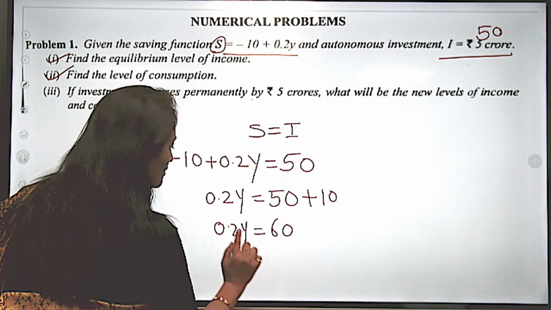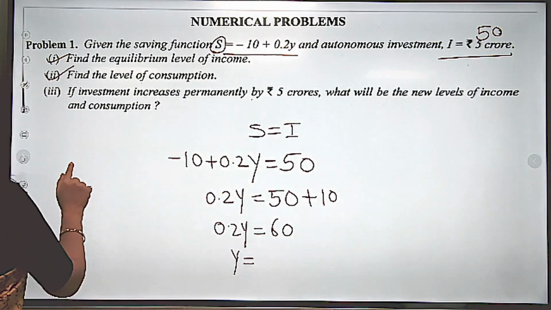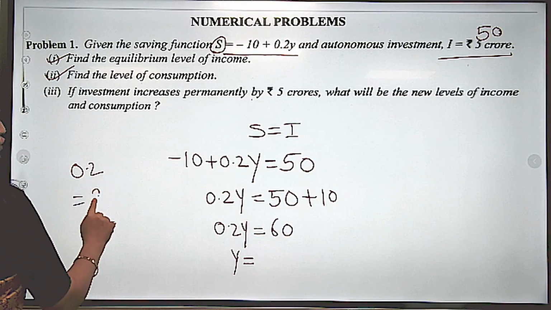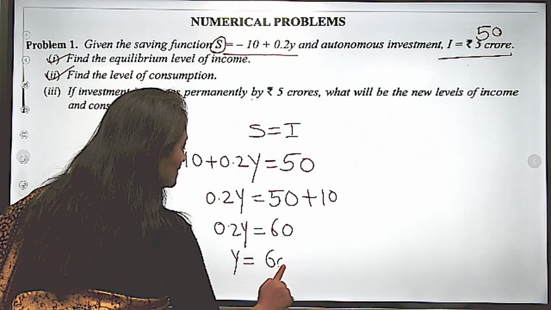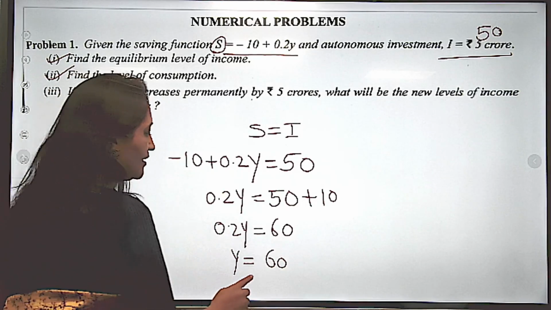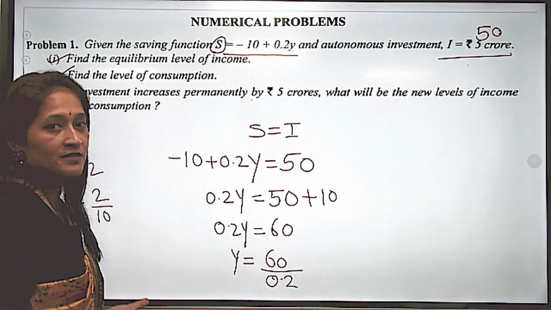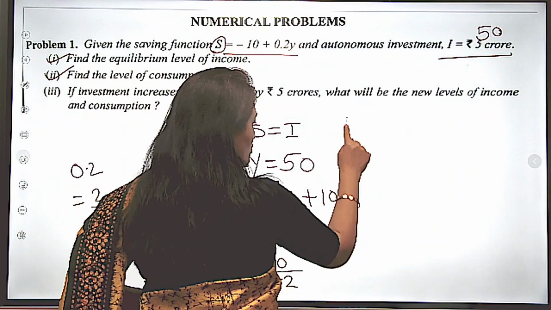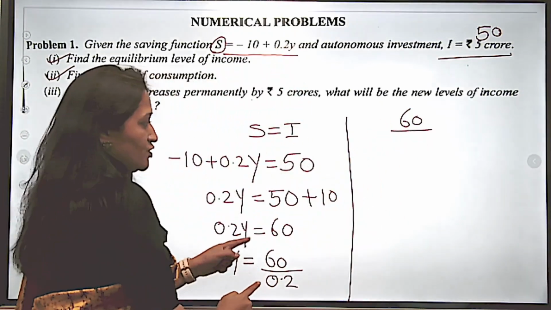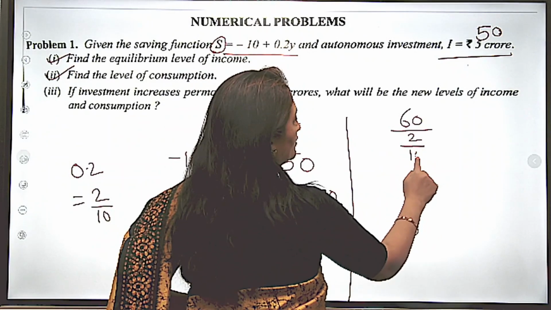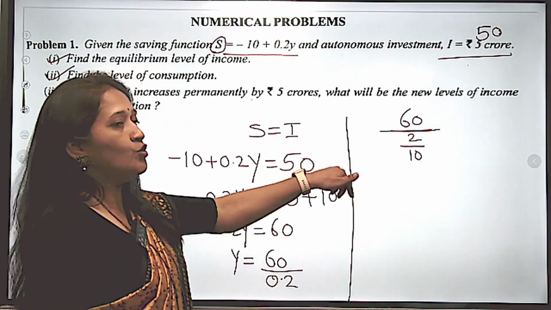Let's solve it for Y. So 0.2 is nothing but 2 upon 10, right? So 0.2 is in multiplication with Y, so it will go to the other side in division: Y = 60 upon 0.2. Now I can write it like this: 60 is divided by 0.2, that means 60 is divided by 2 upon 10.